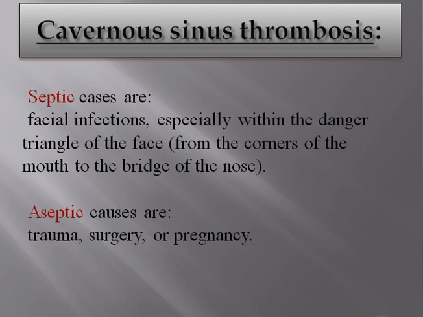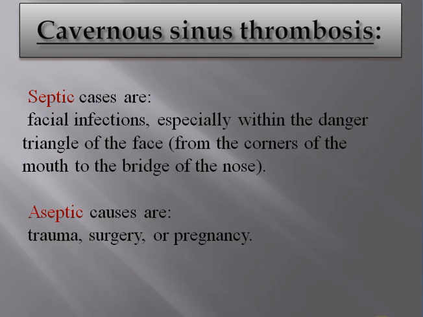The biggest risk factors are facial infections, acute sinusitis, and periorbital infections. Thrombophilia is a significant risk factor for cavernous sinus thrombosis. Women who are pregnant, postpartum, or receiving oral contraceptives or hormone replacement therapy may be at increased risk.